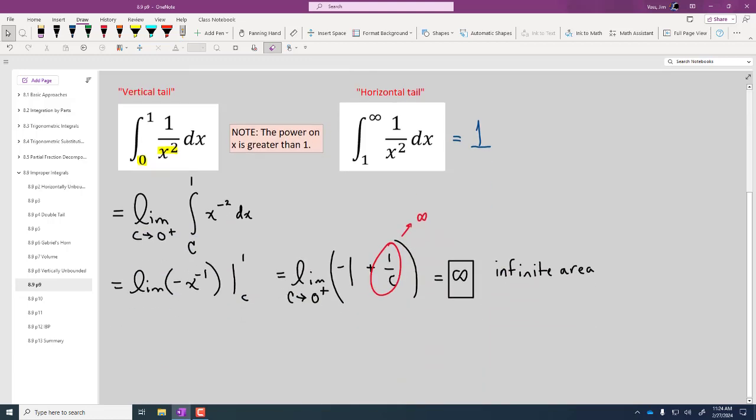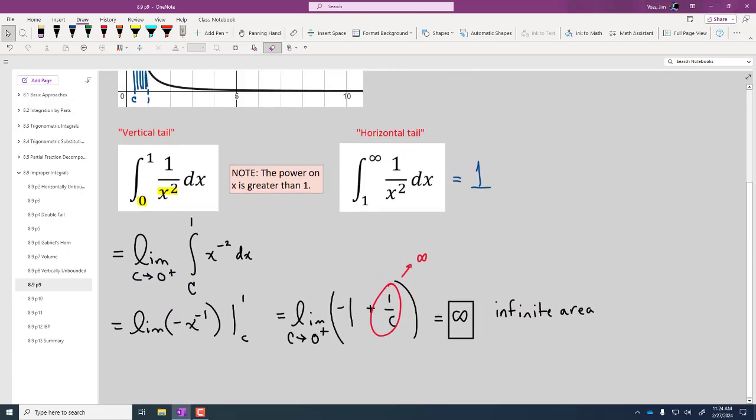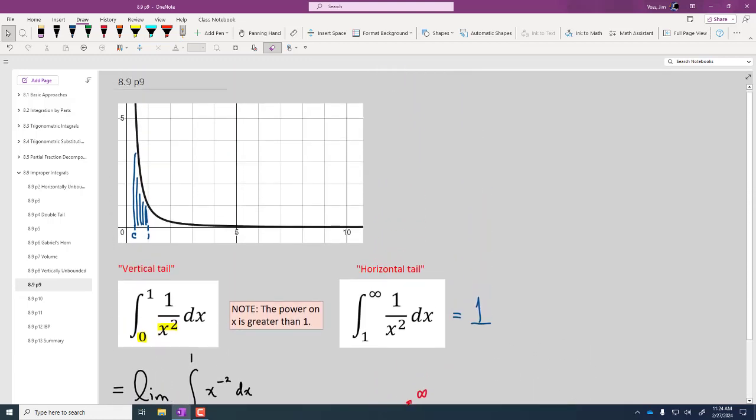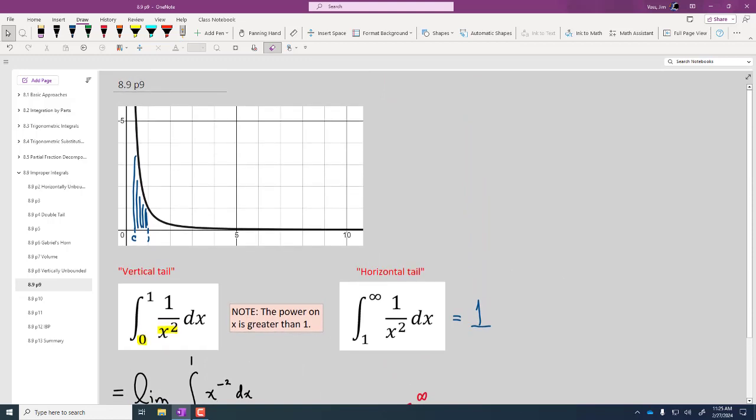And as we showed with the surface area of Gabriel's horn, 1 over x goes to infinity. Yes, exactly. So let's notice the powers of x. If the power of x in the denominator is bigger than 1, horizontal is finite, vertical is infinite.